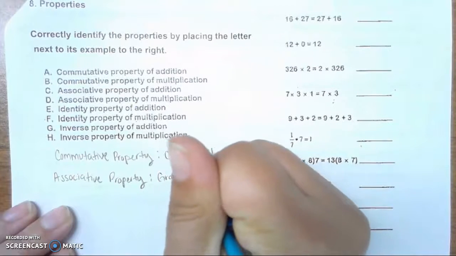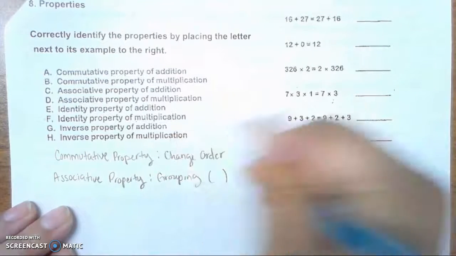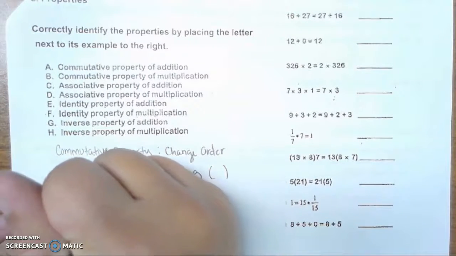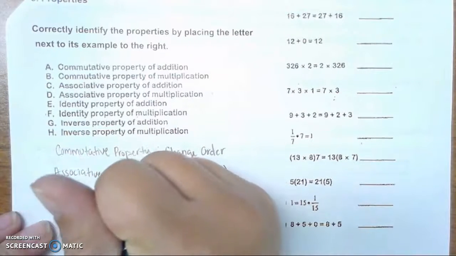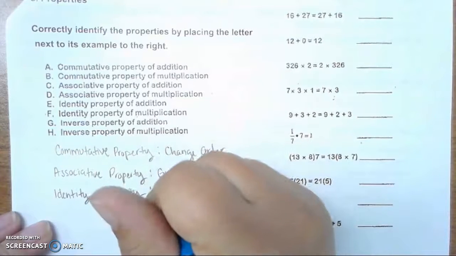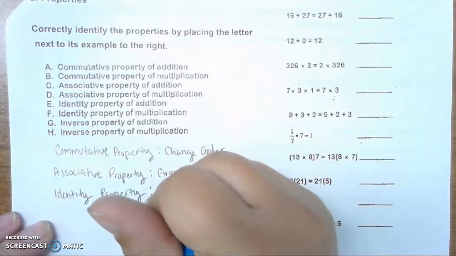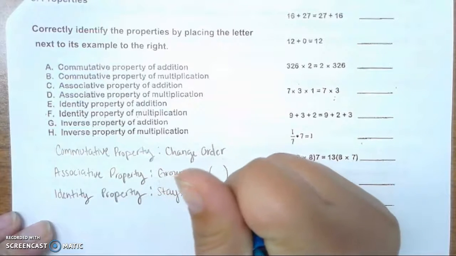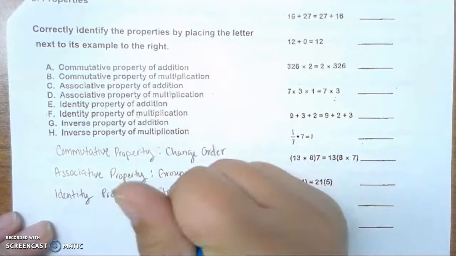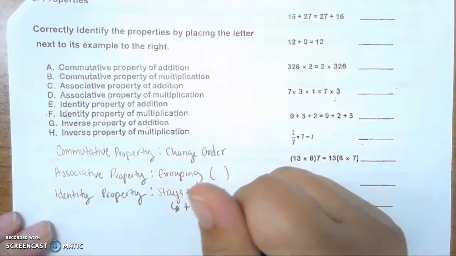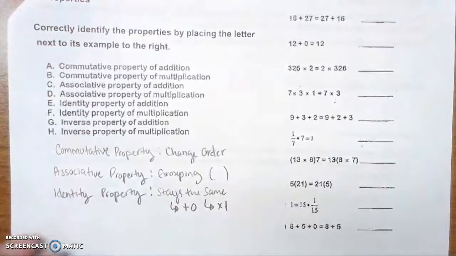So you're looking at different groups inside the parentheses. The identity property stays the same. So we would either be adding 0 or multiplying by 1.